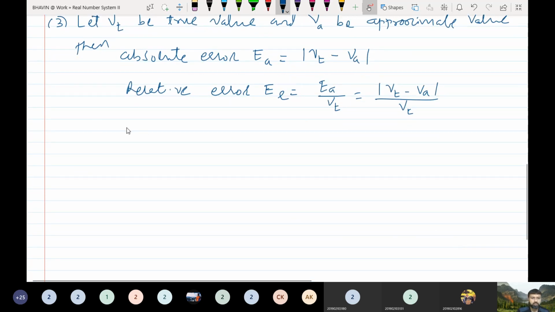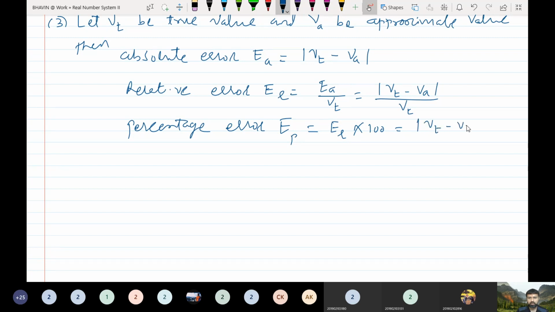And the third one is percentage error. Ep is equal to Er multiplied by 100. That is, Vt minus Va upon Vt into 100. So these are the main formulas of finding different types of error.